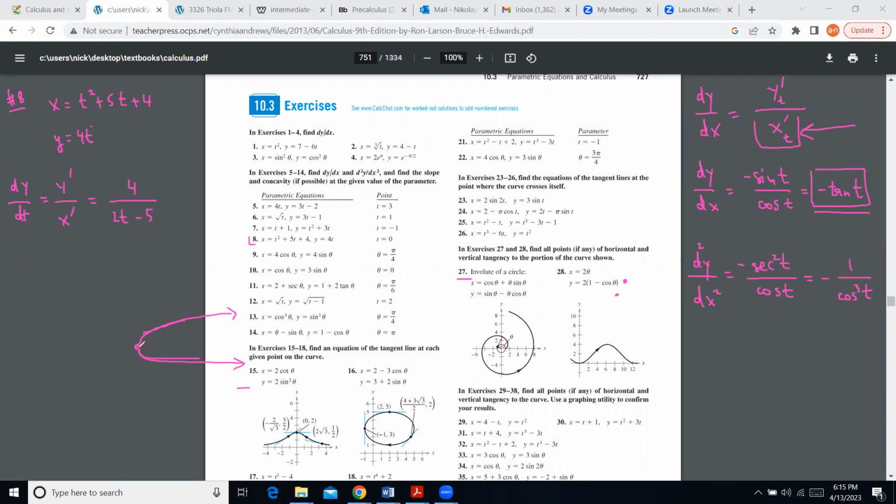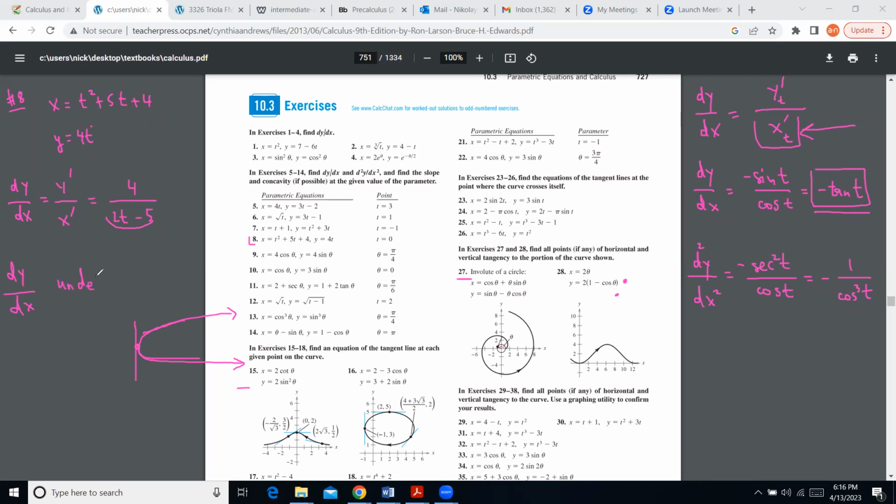But it has an issue here, the point where my derivative is actually undefined, right? And when is the derivative undefined? Well, when the denominator is 0. So dy over dx, sorry. When the denominator is 0, then dy over dx is undefined.